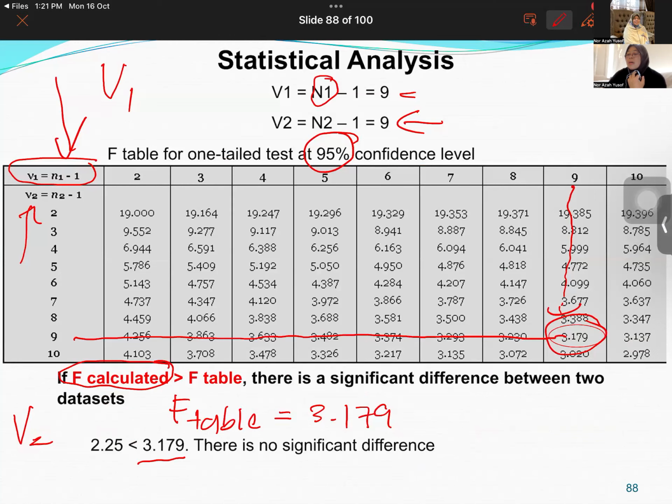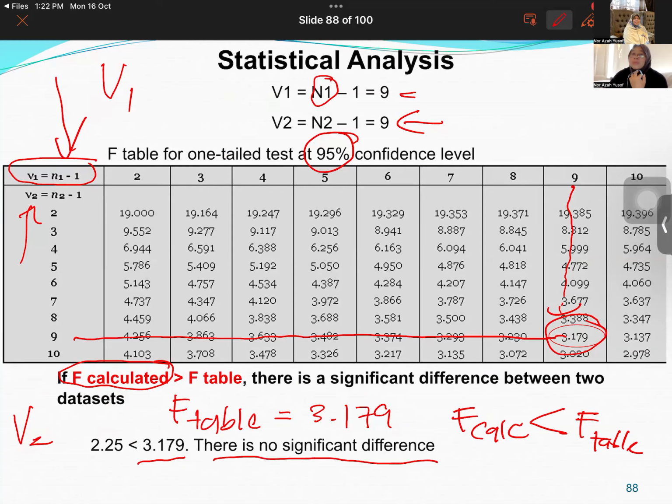It is obvious from the values that F calculated is less than F from the table. So the next part is to conclude that there is no significant difference in terms of precision.